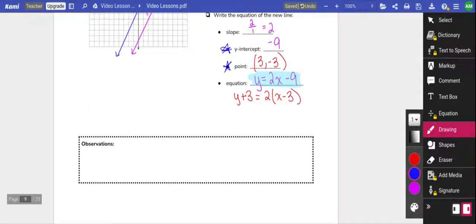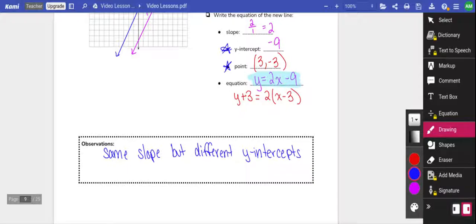So looking at them both, I can see that there is the same slope in both, but different y-intercepts. And how are the y-intercepts different? The y-intercept changed based on the scale factor.